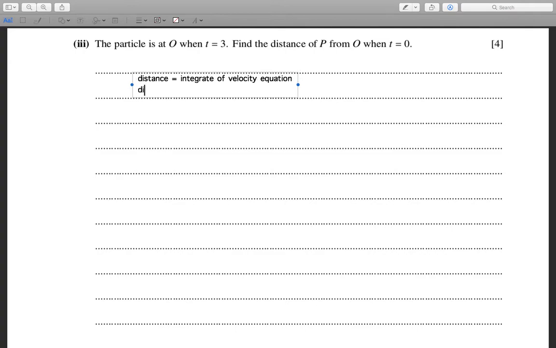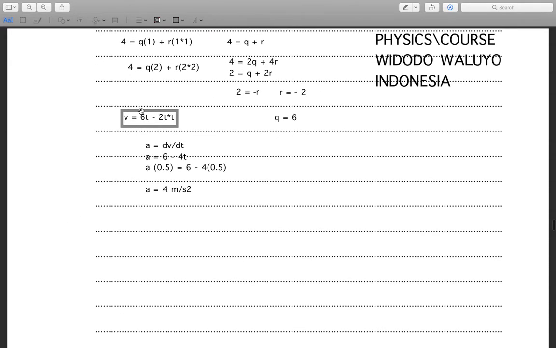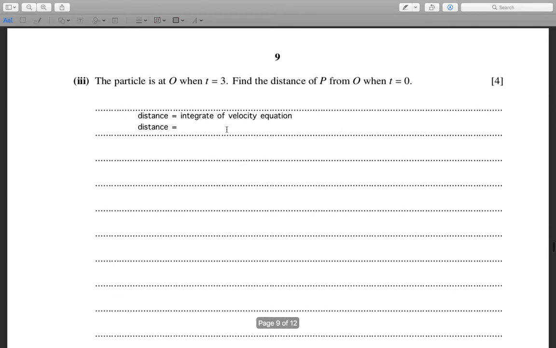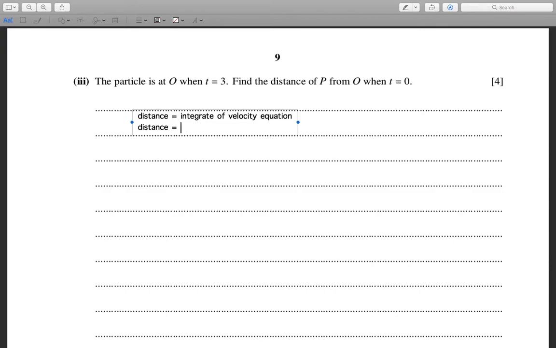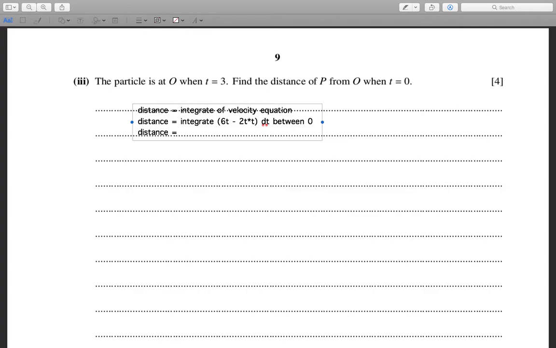We copy v here: the integral of 6t minus 2t squared dt. The distance is between 0 and 3 seconds, so from 0 to 3.